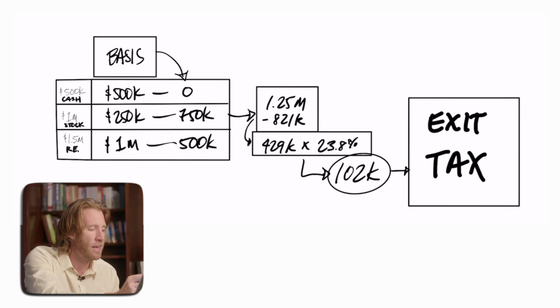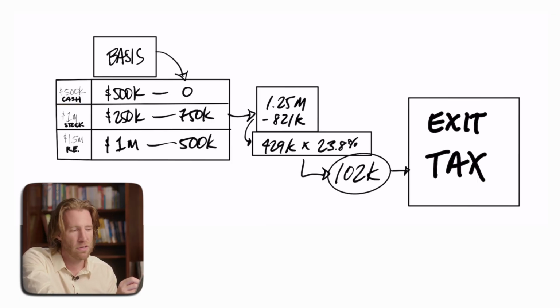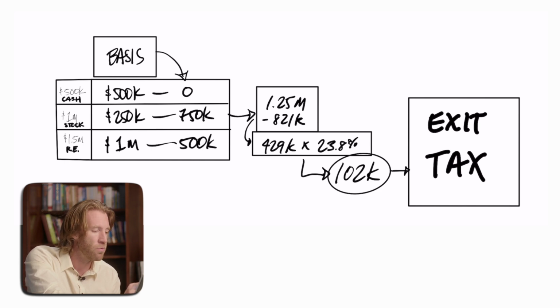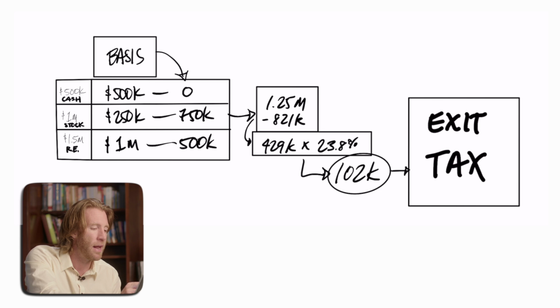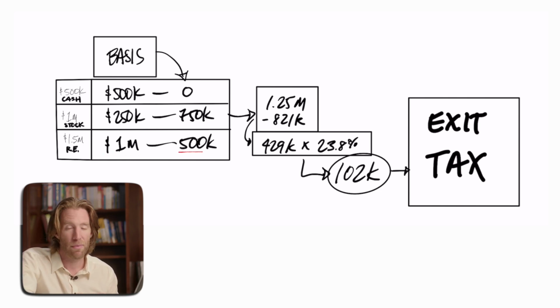So you have the cash, which is worth $500,000, and of course would not have any capital gain or loss. Now you look at the stock, which is worth $1 million, but the basis was $250,000, which means there is a $750,000 capital gain. And then you also have the real estate, which is worth $1.5 million, and it had a $1 million basis, which means there is a $500,000 capital gain.